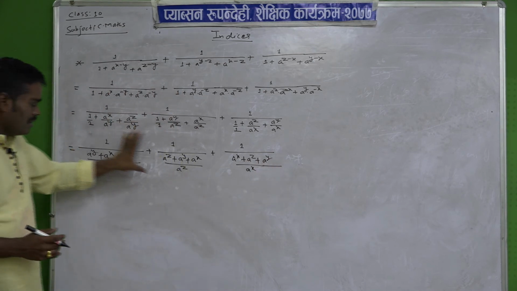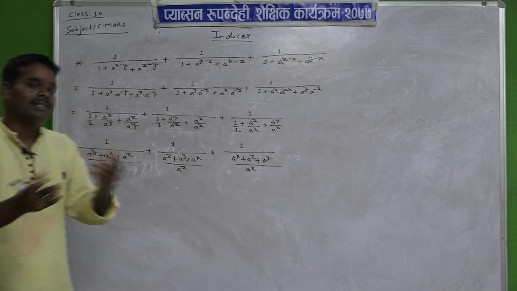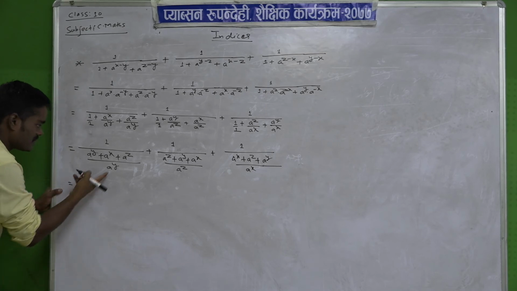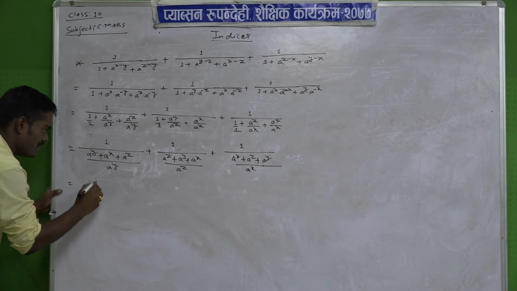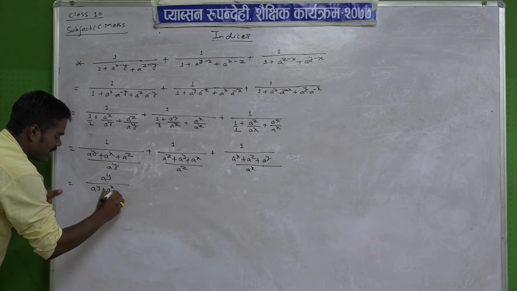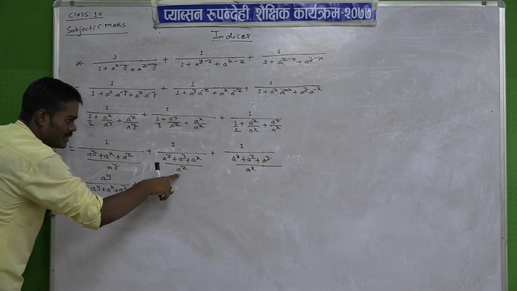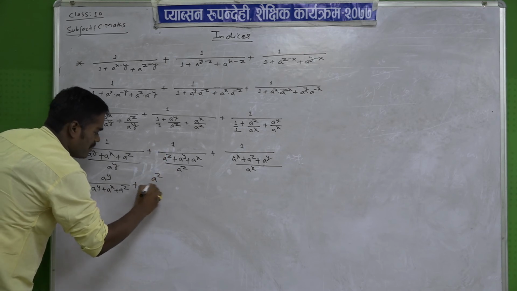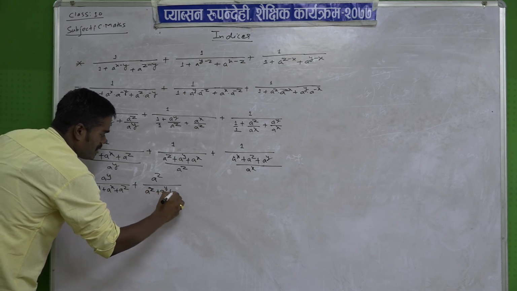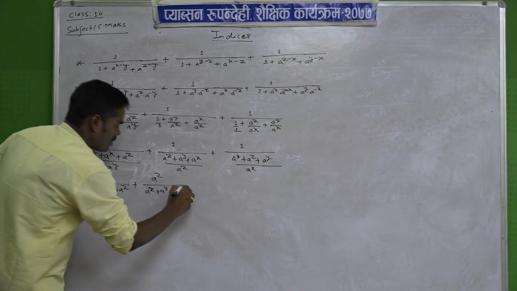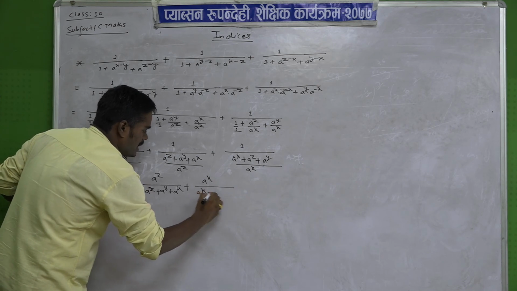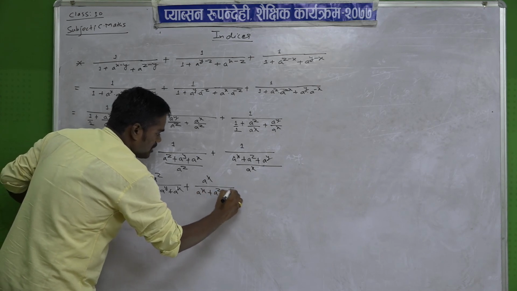Now you are watching all these are in the form of divide, so you have to change them into the form of multiply. See here, it goes up: 1 into a power y means a power y upon a power y plus a power x plus a power z, plus this also a power z into 1, a power z, plus a power y plus a power x, and like the same, a power x into 1, a power x, whole upon a power x plus a power z plus a power y.